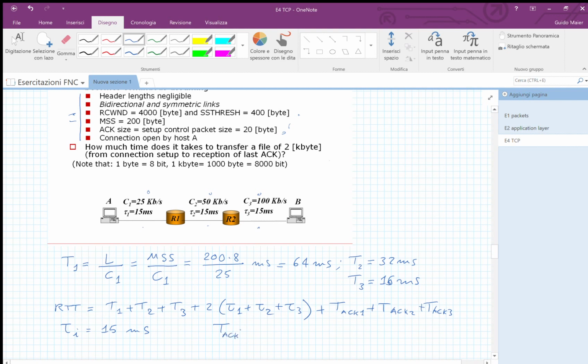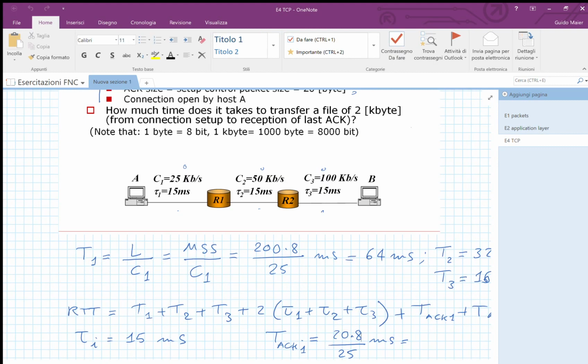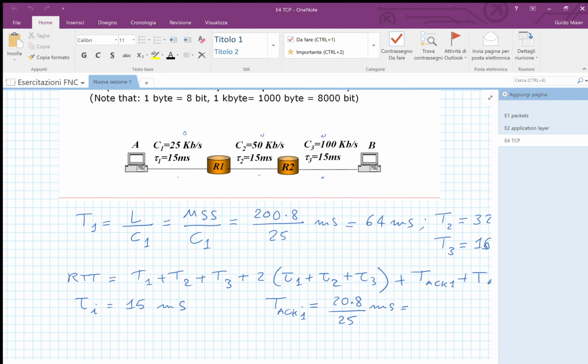TACK 1, we have 20 bytes, so it's 20 by 8 divided by 25 milliseconds, which is 6.4 milliseconds.